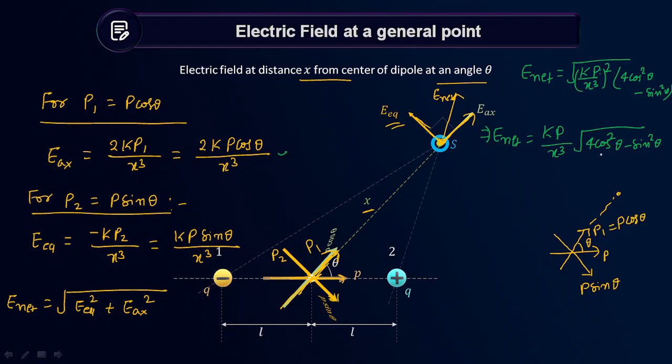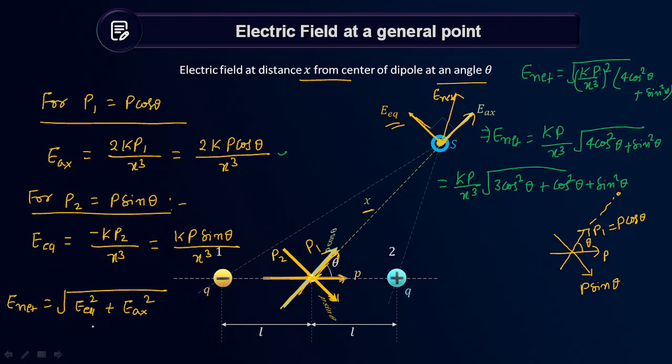Now from 4 cos square theta, can I write it as kp divided by x cube root under of 3 cos square theta plus cos square theta, sorry, a square plus b square, no? The plus sign will be there, so plus sin square theta.